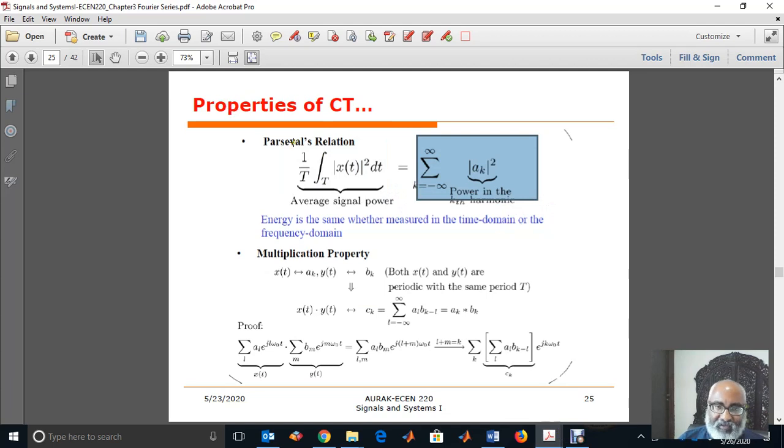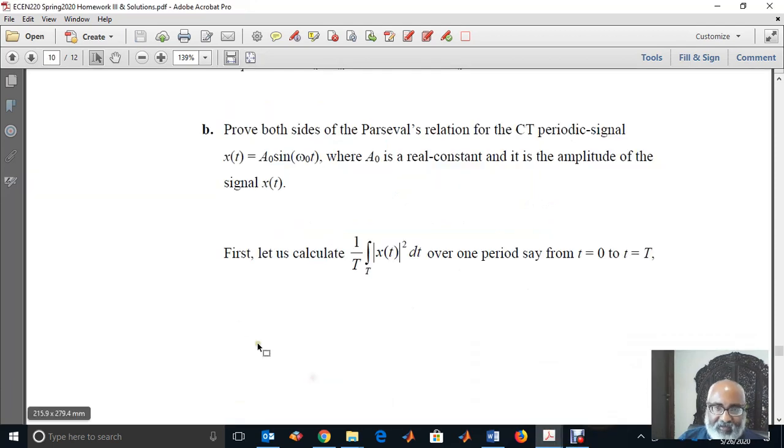First we calculate the power in time domain, then we calculate the power in frequency domain, and we show that both are equal. So let's see this example. The signal is x of t equals a naught times sine omega naught t, where a naught is the amplitude. As you see, this is a sine signal with amplitude a naught.